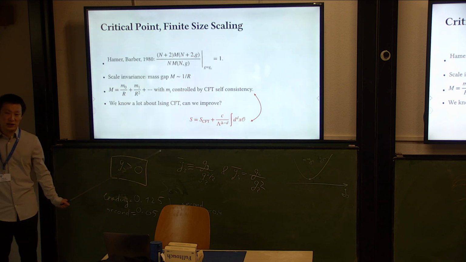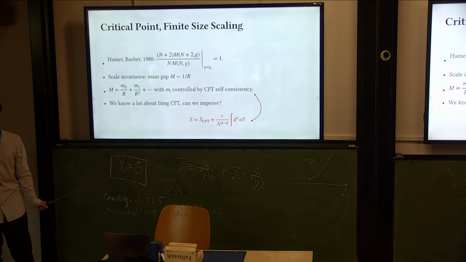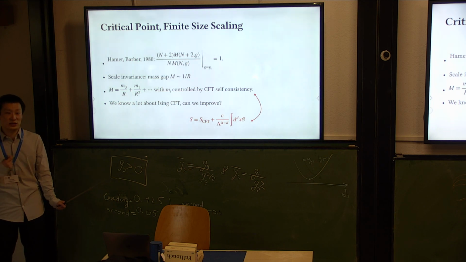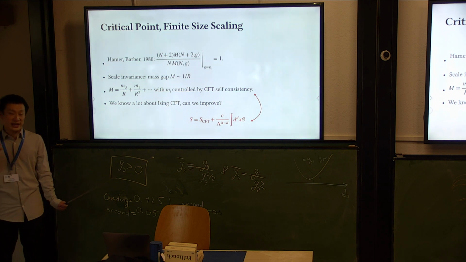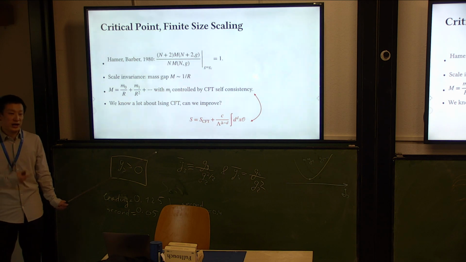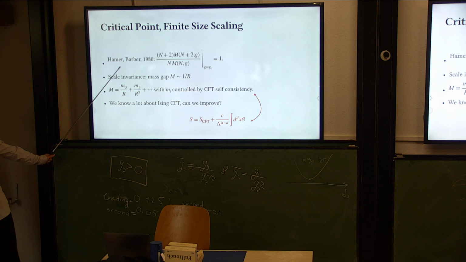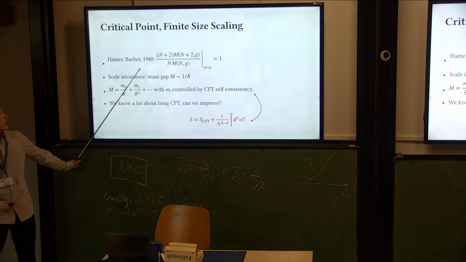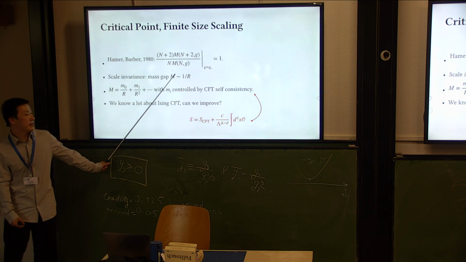We know that at the critical point, the gap closes. So if we simulate any model, we should see that the mass gap is approximately 0 near the critical point. But a sharper way, which could be turned into a criterion, which is discussed by Hamer and Barber in their publication in 1980, is this finite size scaling.